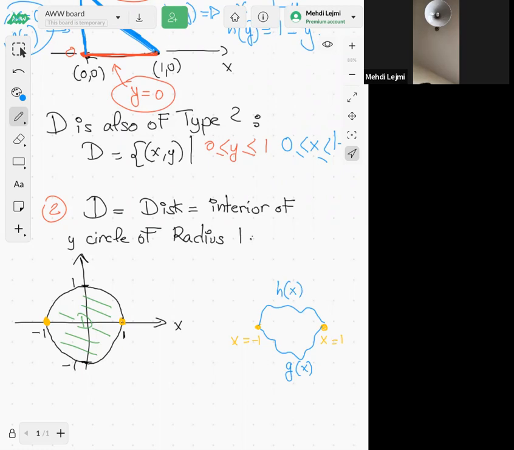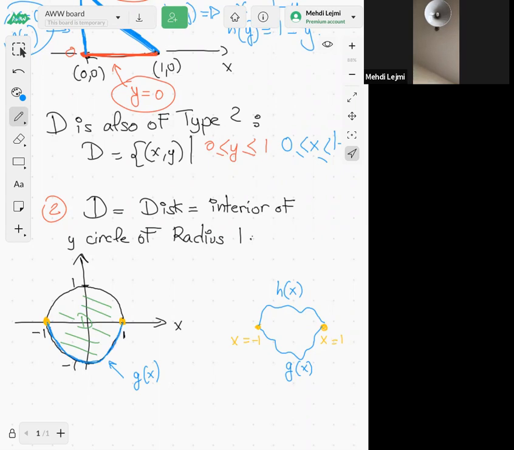Now, the question is, what would be the equation of, let's say, g of x? This is supposed to be my g of x. Well, this is just my circle.